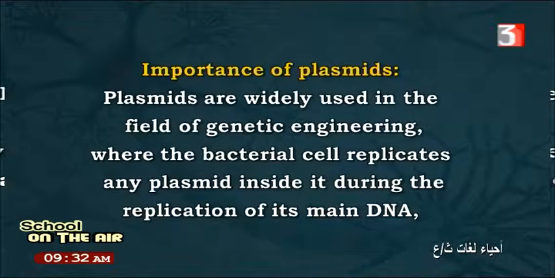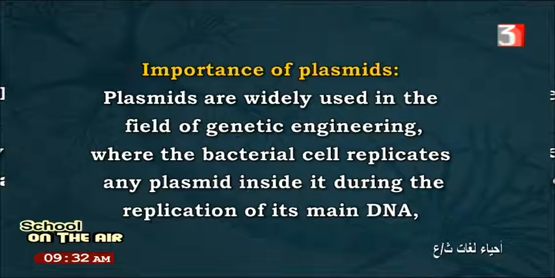Okay. What is the importance of plasmid? Why is the plasmid necessary, or why must the plasmid be found inside the cell? First, plasmids are widely used in the field of genetic engineering.